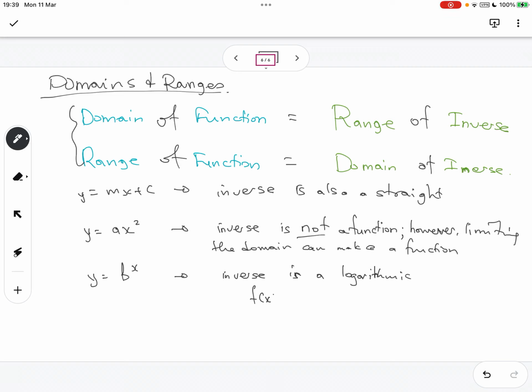If f of x is b to the power x, then f inverse of x is log to base b of x. So don't get confused just yet, just pay attention to the terminology, and as we get further into the chapter, you'll understand where we're going with this.